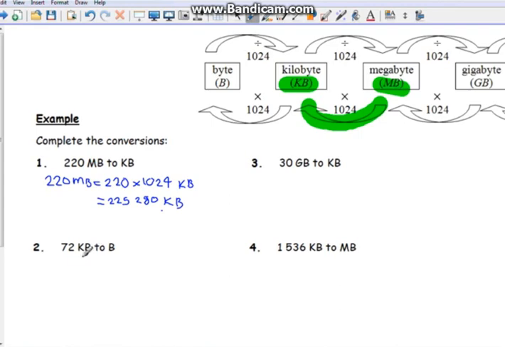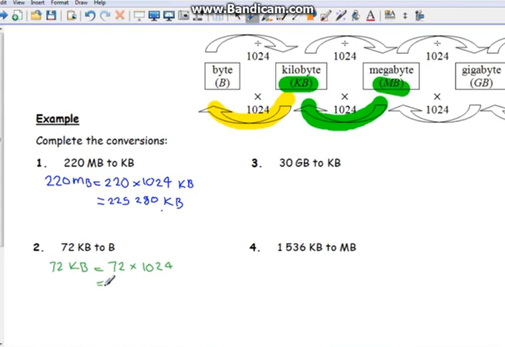So our next one, starting at kilobytes, and we're going to bytes. So we're at 72 kilobytes. How many bytes is that? So we're going to start here at kilobytes and we're going to go to bytes. So 72 kilobytes equals 72 times 1024.